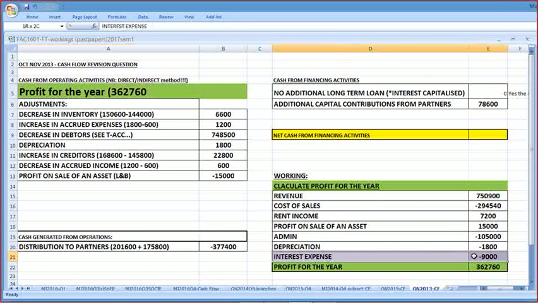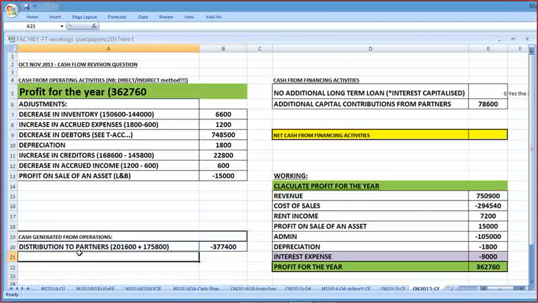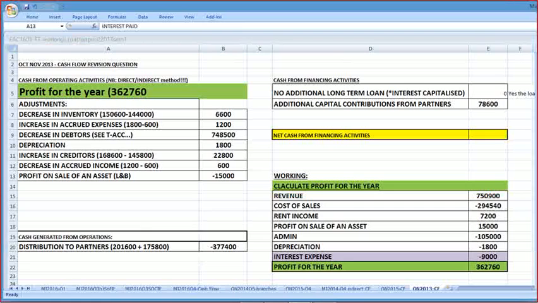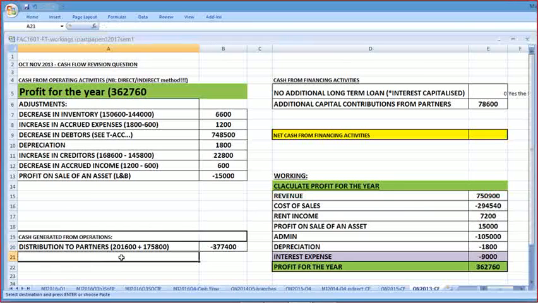This interest expense, is it special? Yes, it needs to be disclosed separately under cash generated from operations after that subheading. Did we pay any interest? No, because interest is capitalized. So interest paid would have been 0.